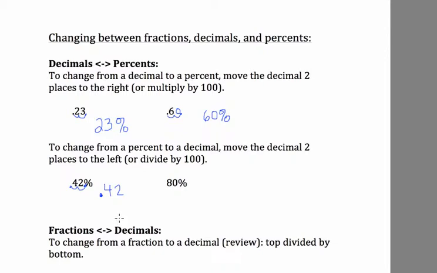Whenever you do math with percentages and figure out problems, you have to change it to a decimal before you do the arithmetic. 80%. Decimal point is currently right there. To change it to a decimal, we move 2 places left. 80% would be the same as 0.8.